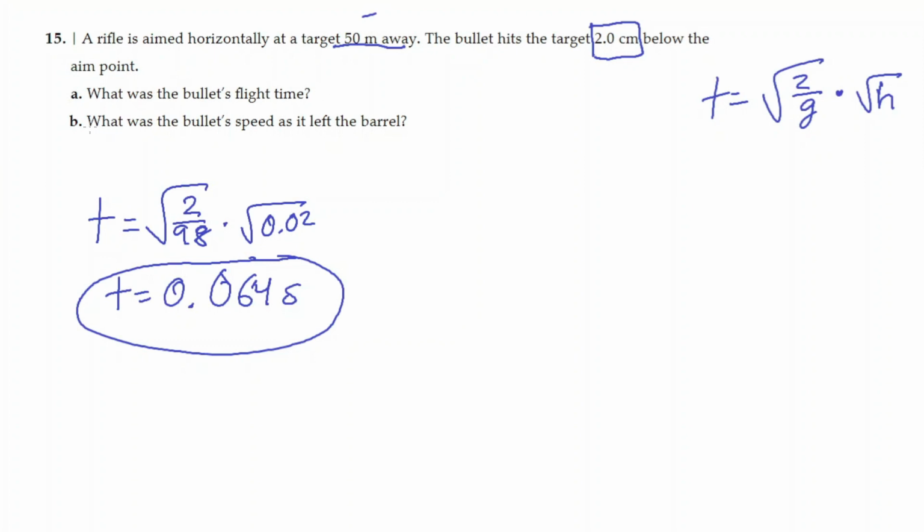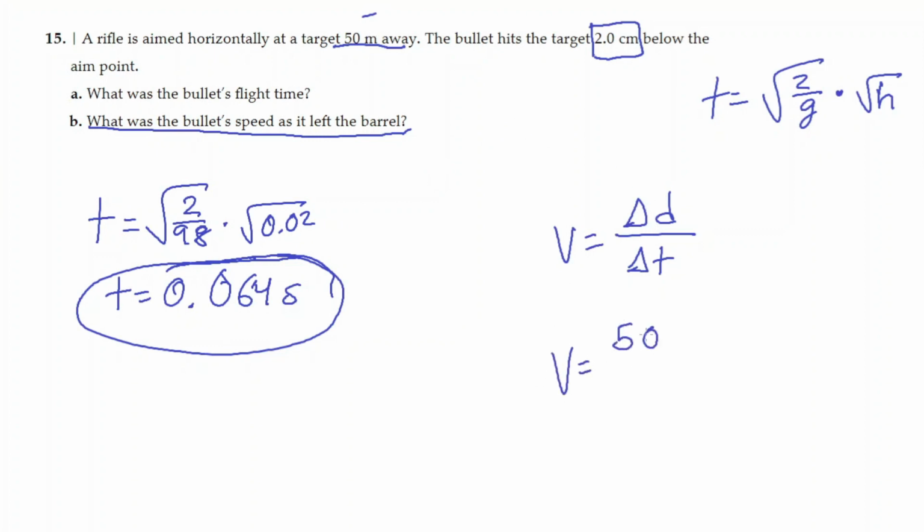So for B, we want to find what is the bullet's speed as it left the barrel. Given again that air resistance is negligible, which means that the rifle bullet is not being slowed down in the horizontal direction. If you remember, velocity is equal to delta d or delta s over delta t. We know delta t. Delta t is going to be 0.064, and the distance is going to be 50 meters. So we just plug it in.